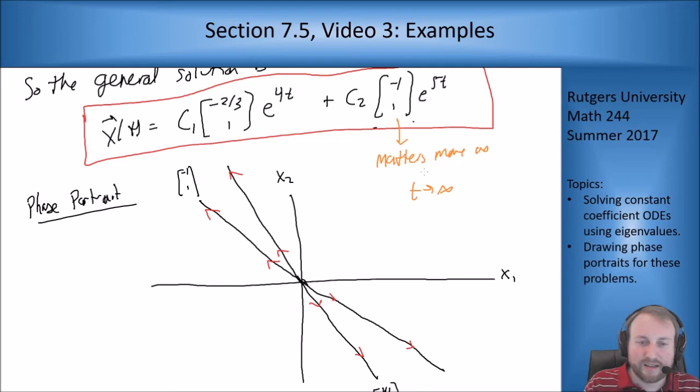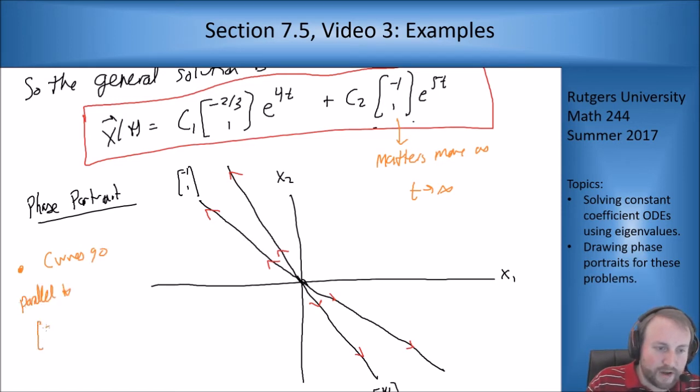So the orange stuff over there, I want to leave room so I can draw curves in here. The orange stuff there means curves go parallel to -1, 1 as t goes to infinity. On the other hand, as t goes to -infinity, this stays up longer.